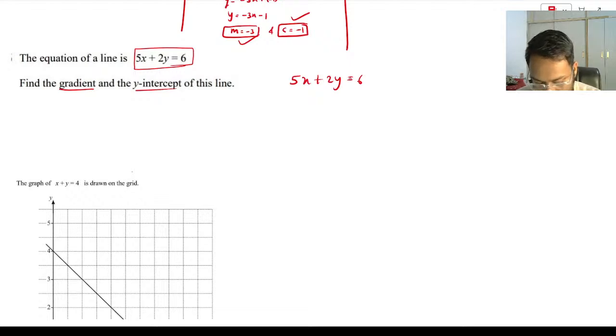Lekhansh is saying got the answer. What is the answer, Lekhansh? Let's see. What is M and what is C here? I'm waiting for your reply, children. You need to solve it fast. I'm giving you sufficient time.